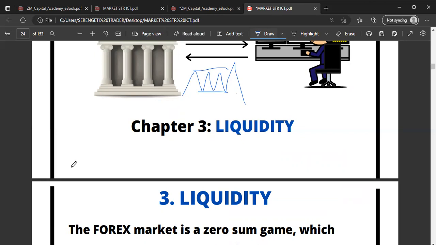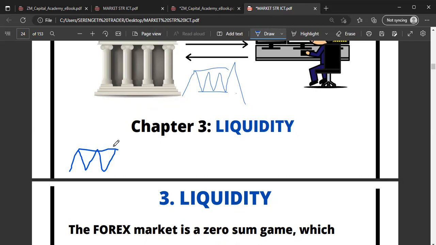Maybe like this, you know, they are creating resistance. Maybe you say they are creating resistance. So when they reach here, people are actually preparing to sell here, is it?